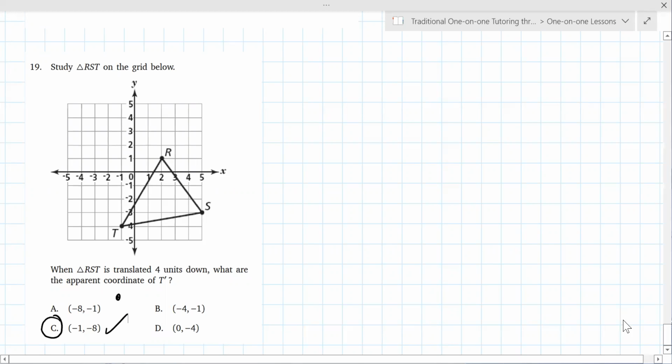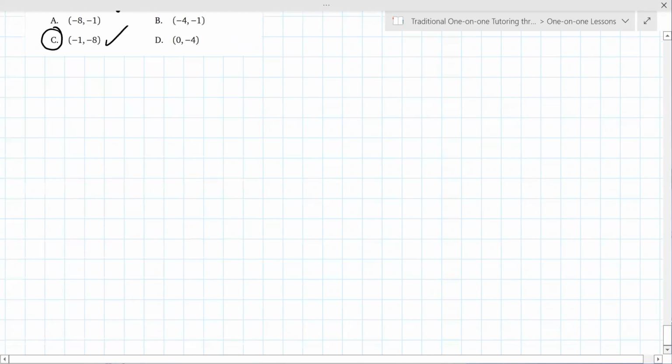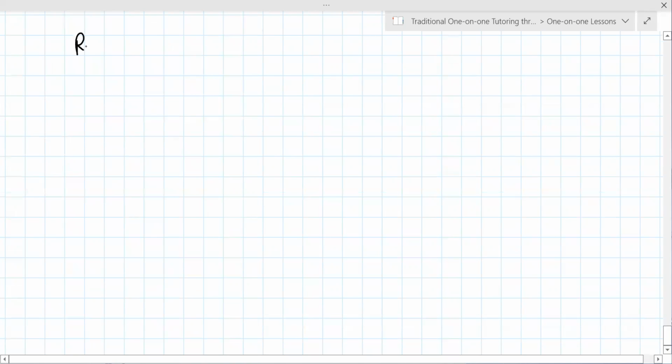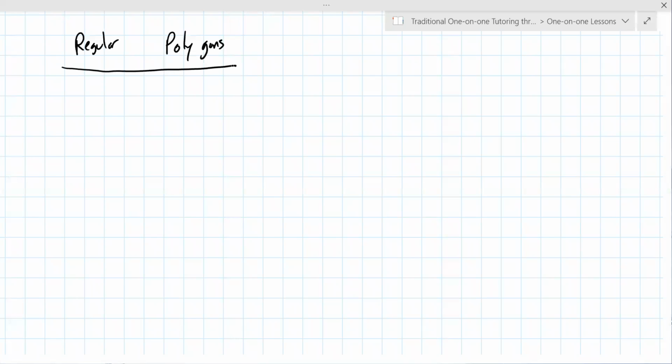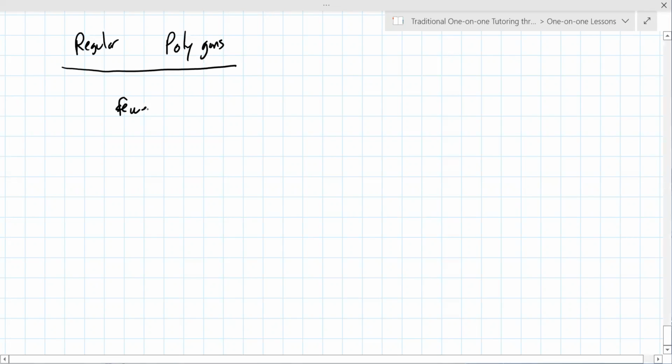All right, so we can talk a little bit about regular polygons now. Just a short lesson on this to give you some more information that you'll probably see in class. So do you know the smallest number of sides that you can have in a regular polygon, or the fewest number of sides? 5. Okay, good guess. 5 is a pentagon.